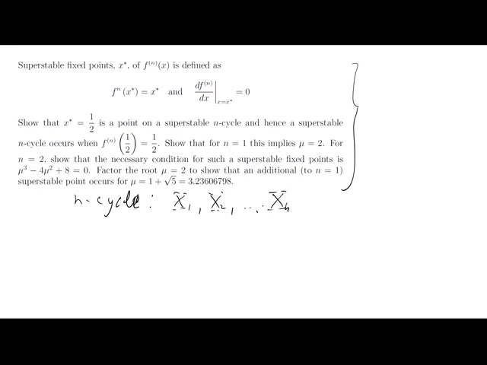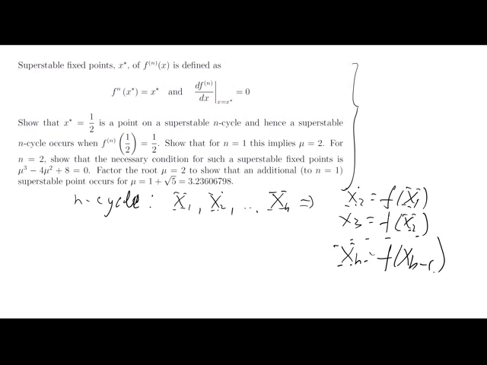So we have n values of x, and n cycle would mean x2 is equal to f of x1, x3 equals f of x2, and so on, xn equals f of xn minus 1, and the most important part here, x1 equals f of xn. Then you see now it will be a cycle.